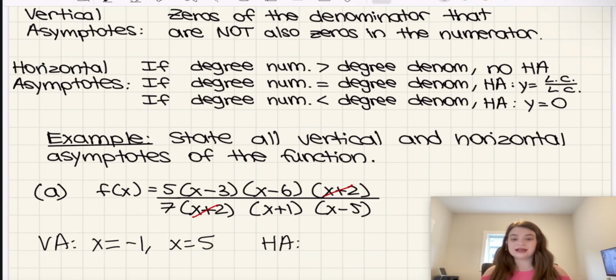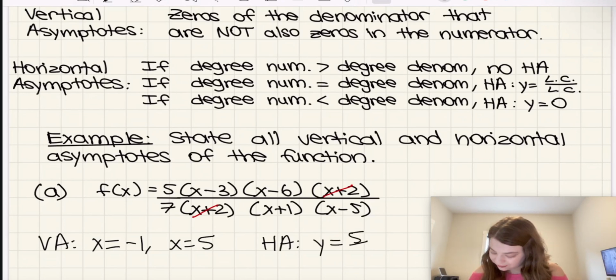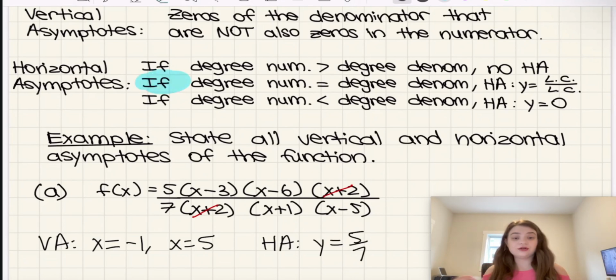So the horizontal asymptote in this case is y equals 5 over 7, because it falls into the second case, where if the degree of the numerator and degree of the denominator are equal, then we just need to look at the leading coefficients.